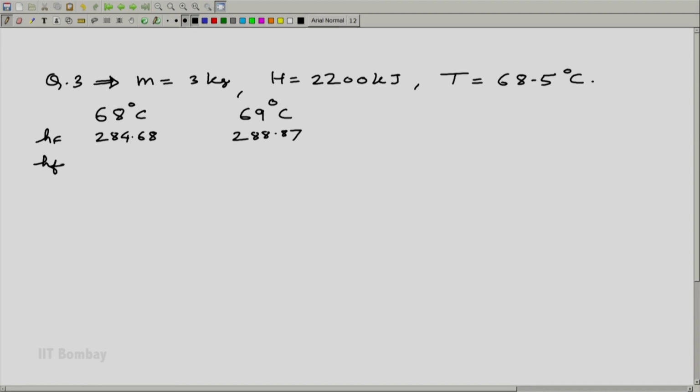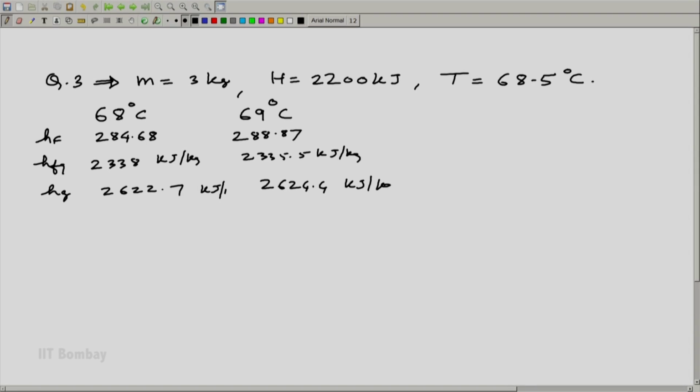Then HFG is equal to 2338 kilojoule per kg here, and HFG is equal to 2335.5 kilojoule per kg here. And Hg is equal to 2622.7 kilojoule per kg at this point, and Hg is equal to 2624.4 kilojoule per kg here.